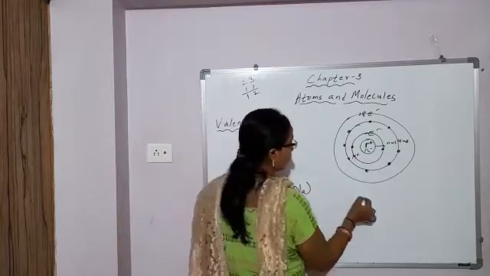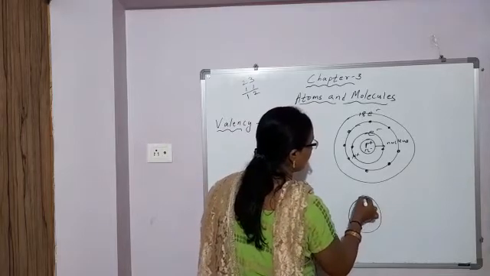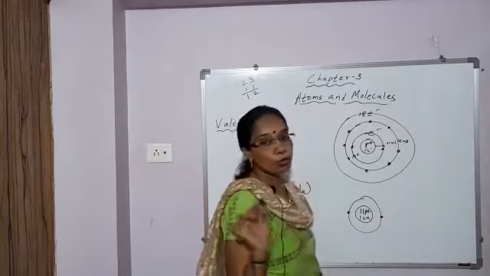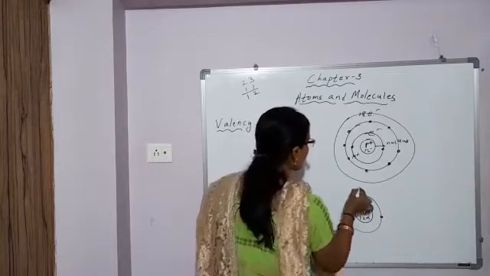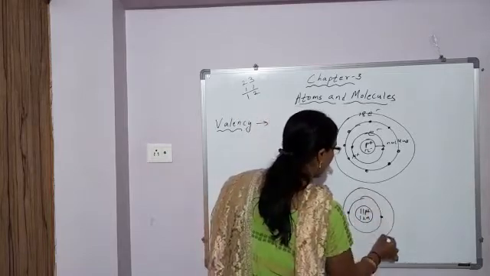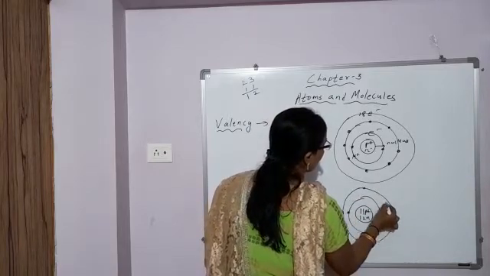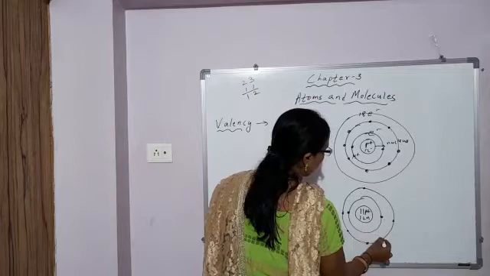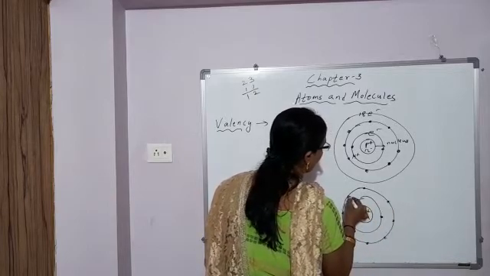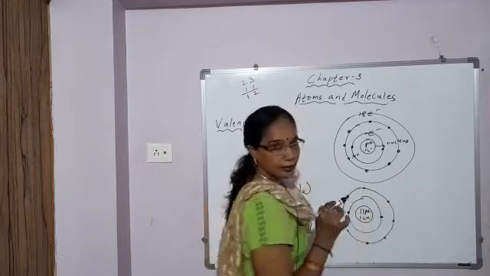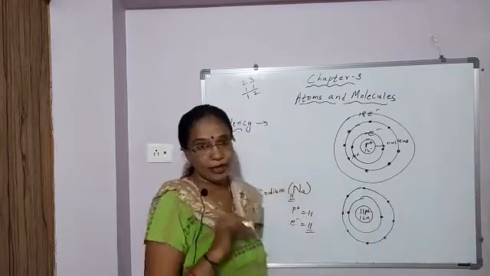This 11 electron will be distributed in different shells. First shell maximum capacity is 2, and second shell can hold maximum 8 electrons. So 1, 2, 3, 4, 5, 6, 7, 8, and this 9, 10. How many electrons left? 1.